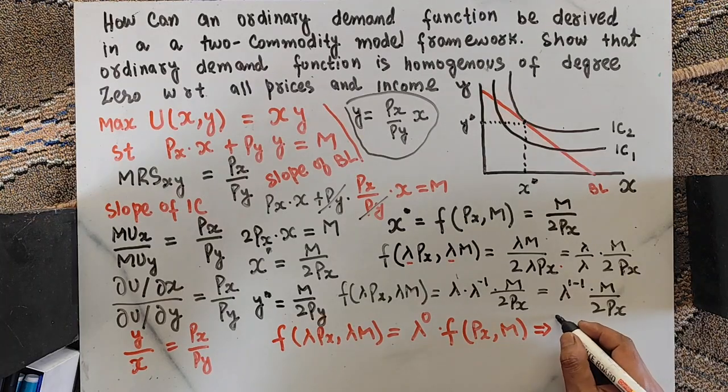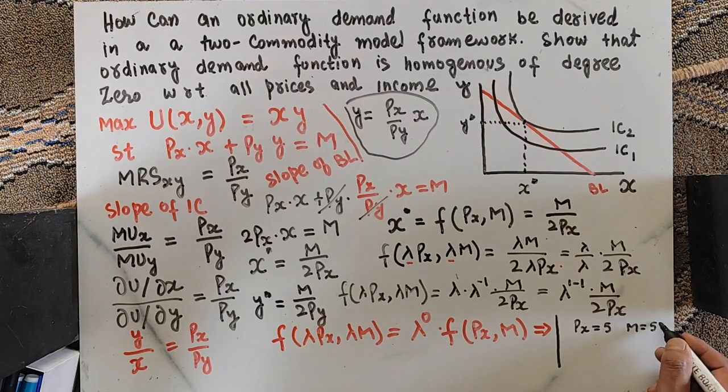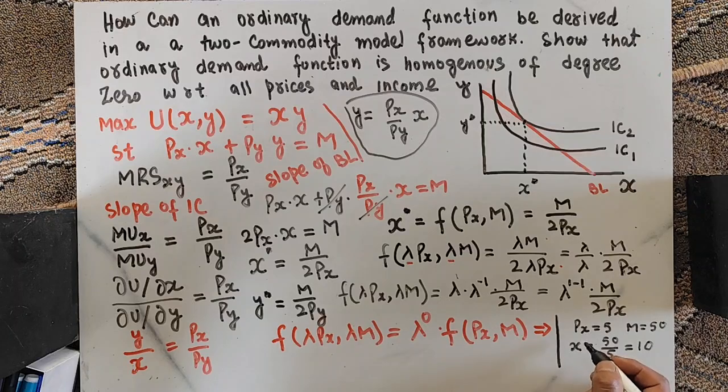I don't have the space, so let us say the price of good X was 5, and the income of the consumer was, let us say, 50. What will the consumer be demanding? In this case, 50 divided by the price of X, which is 5, comes out to be 10. So initially when the price of good X was 5 and income of the consumer was 50, the consumer was demanding 10 units of good X.